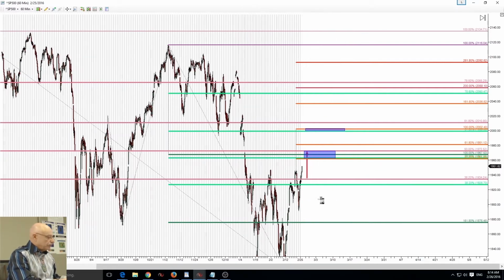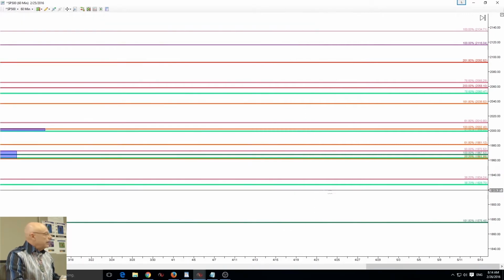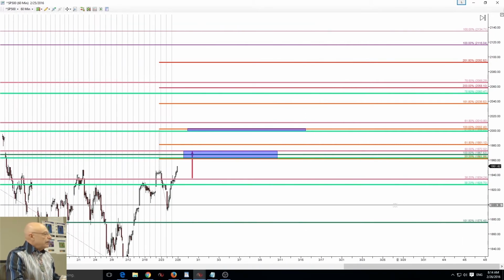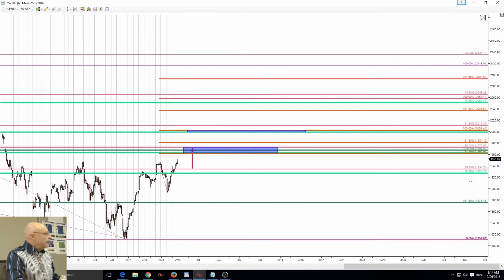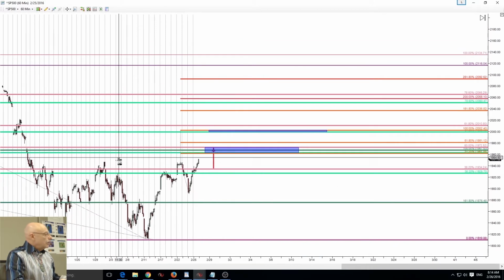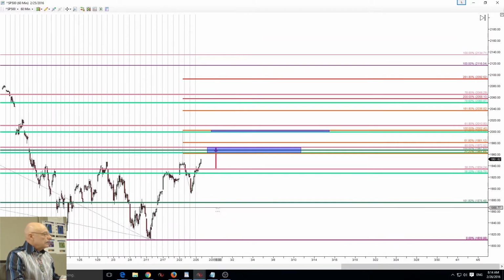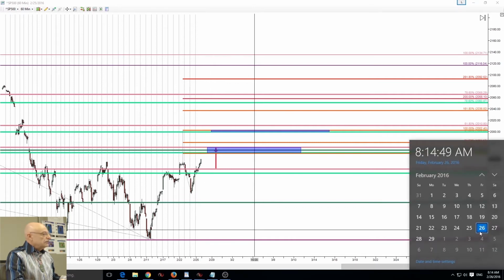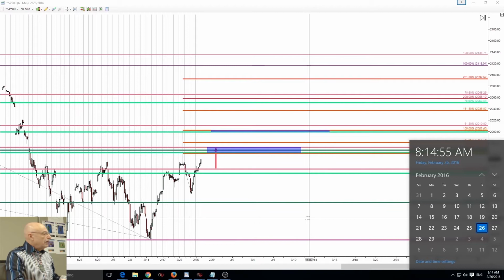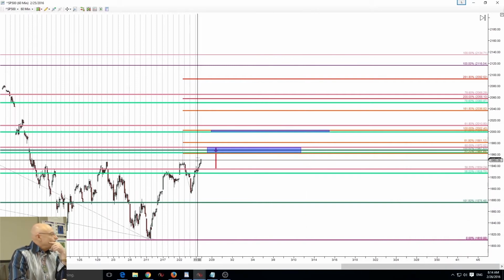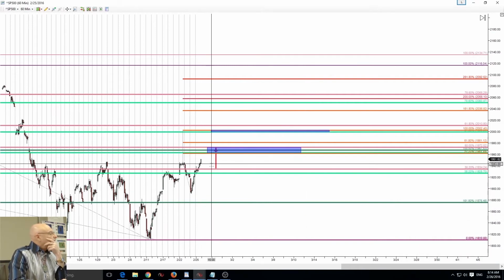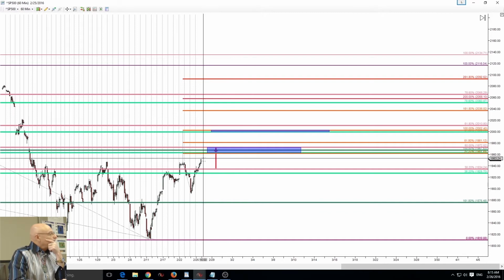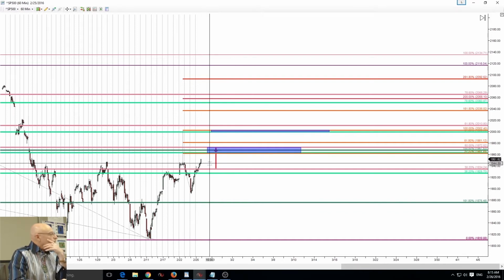Okay, time-wise, because we need to also consider time-wise. It's not shown here, but we have day 29, which is a Monday, probably last day of, or today Friday, last day of advance, and then we're going to go for a pullback.